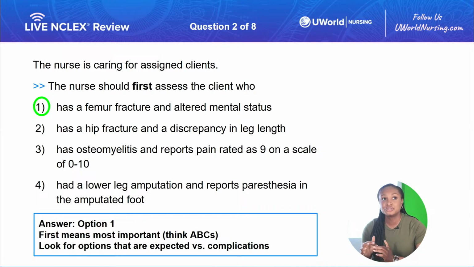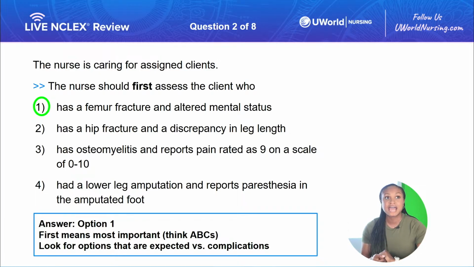So options 2, 3, and 4 are, again, some expected findings that we would see. A client with a hip fracture having a discrepancy in the leg length, that is something that we would see as that hip bone is kind of shifted. Option 3 has osteomyelitis and reports pain rated 9 on a scale from 0 to 10. Again, an expected finding. Any infection of that bone is going to be painful.